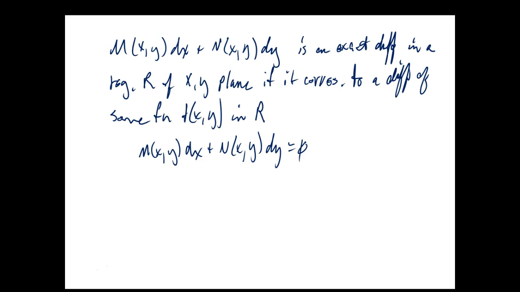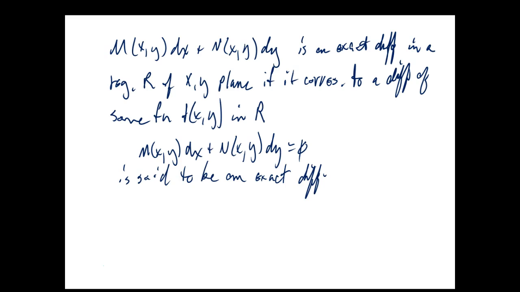And it's said to be an exact differential, like what we started. It seems like we're writing this in circles. Okay? If the expression on the left-hand side is an exact differential.